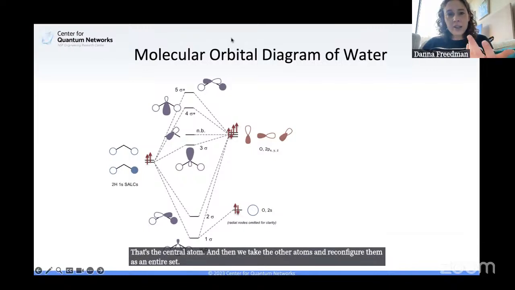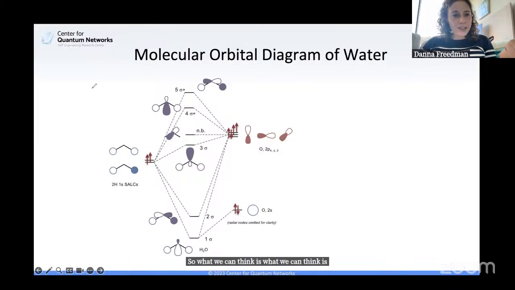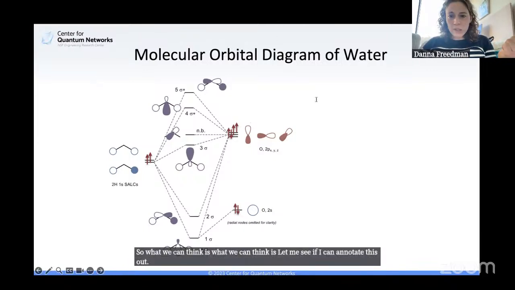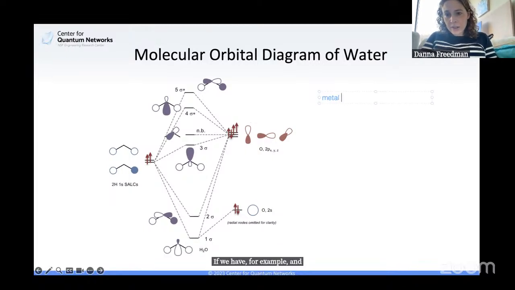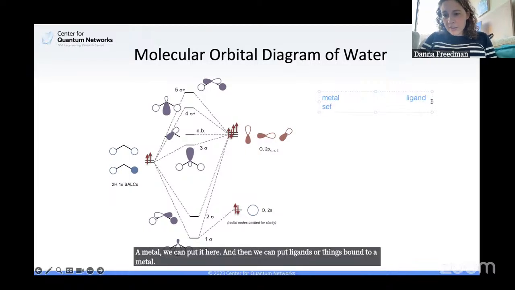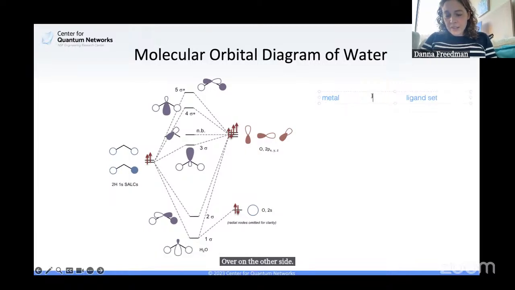Let me see if I can annotate this out. If we have, for example, and I'm going to show this later, a metal, we can put it here, and then we can put ligands, or things bound to a metal, over on the other side. And in the middle, we would have our molecular orbital diagram.